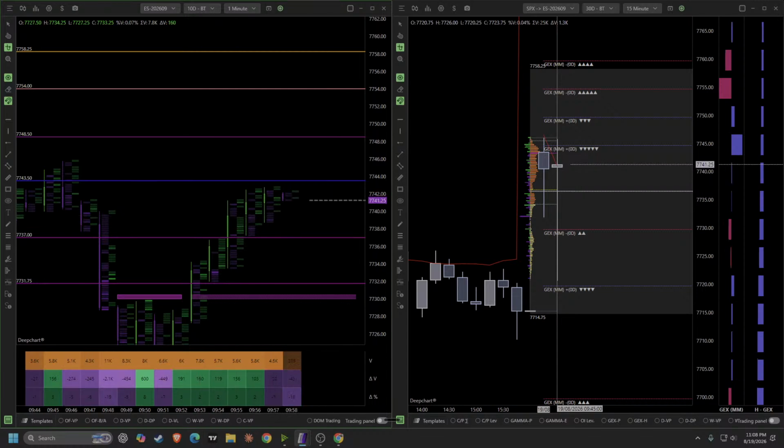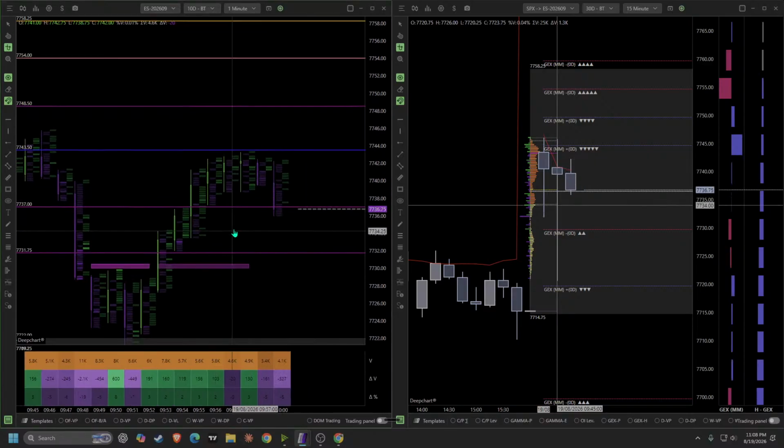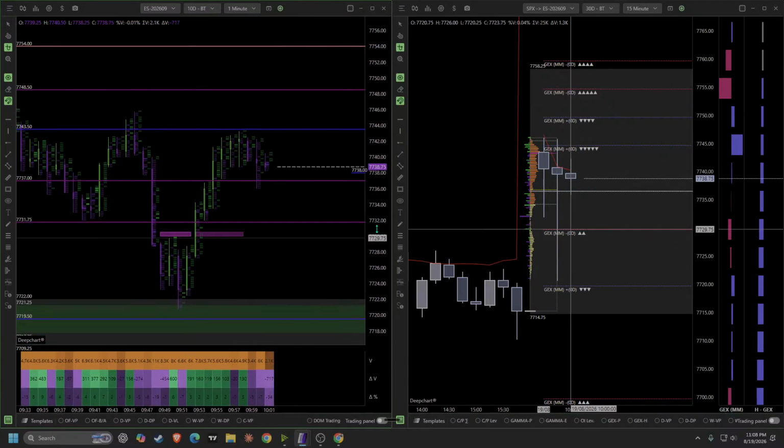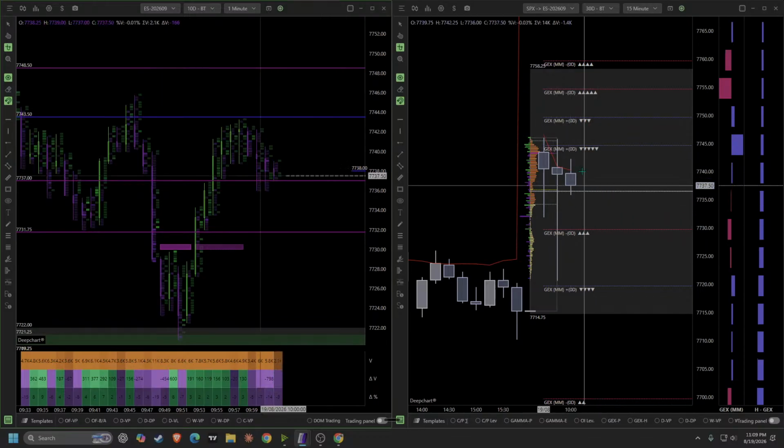Oh, we'll speed it up a little bit. 8x. So whenever we get close to one of these levels, we're going to pause it.